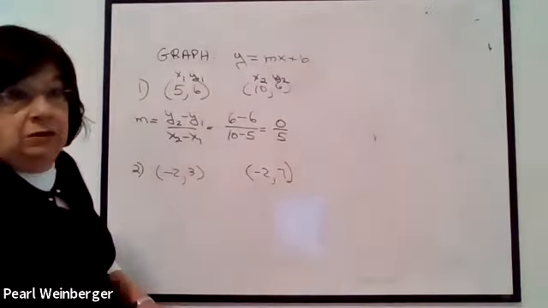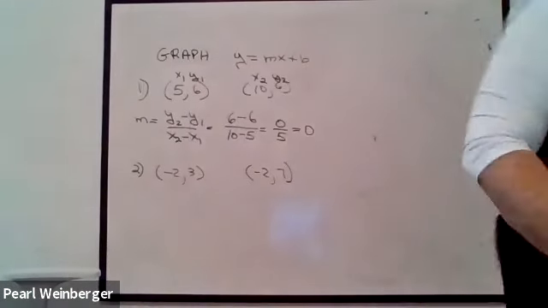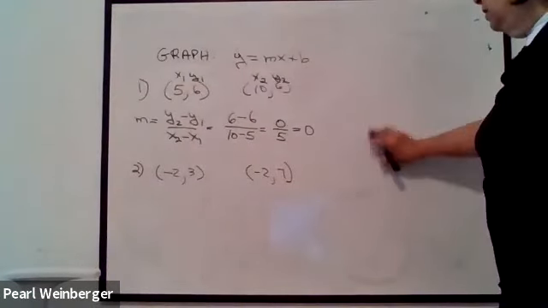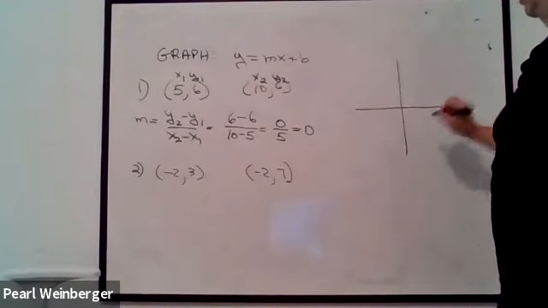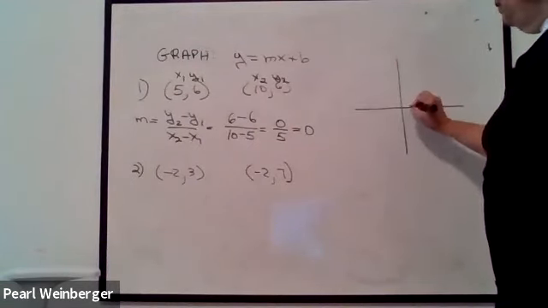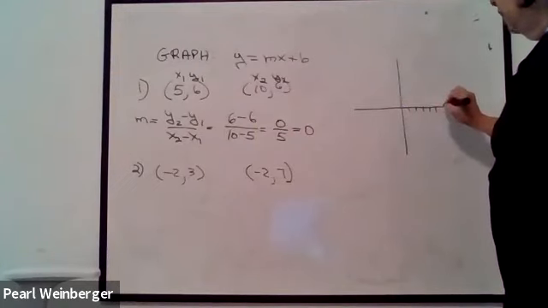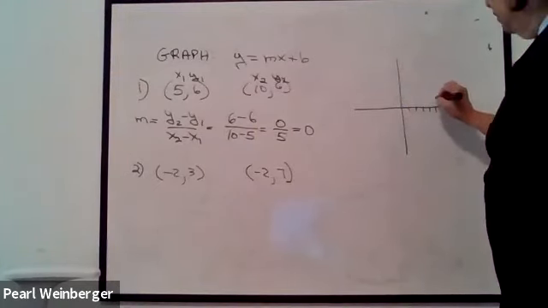Okay, let's see what this line actually looks like, because there's something about a line that has a slope of 0. Let's plot the 2 points. First, we have the point 5, 6. So we go 1, 2, 3, 4, 5 to the right and 6 up. 1, 2, 3, 4, 5, 6.